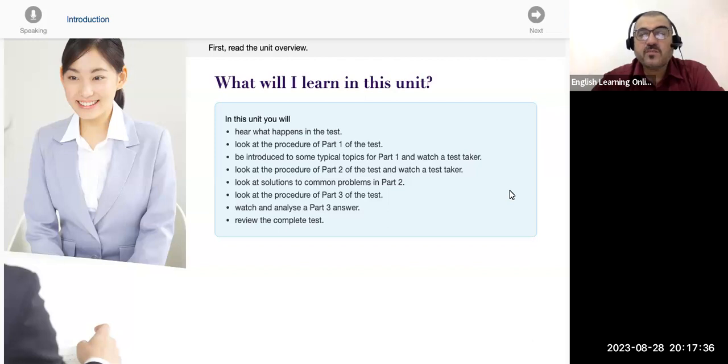Look at the procedure of part two of the test and watch a test taker, and look at solutions to common problems in part two. Look at the procedure of part three of the test and analyze the part three answer, and review the complete test. So that's what we are going to be doing today. In fact, that's the procedure for the class.